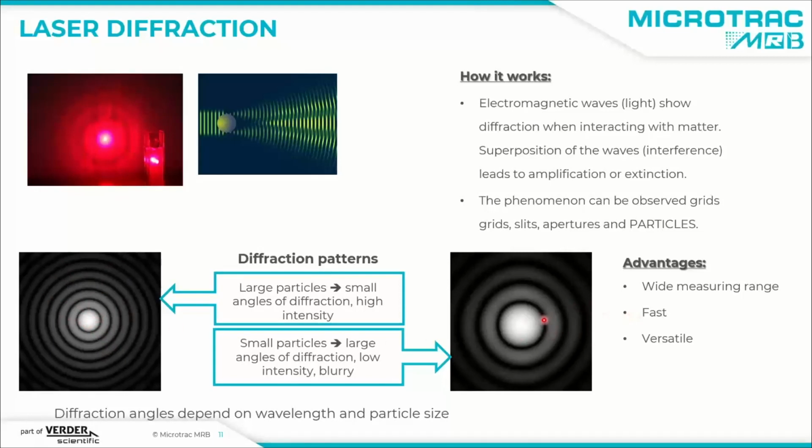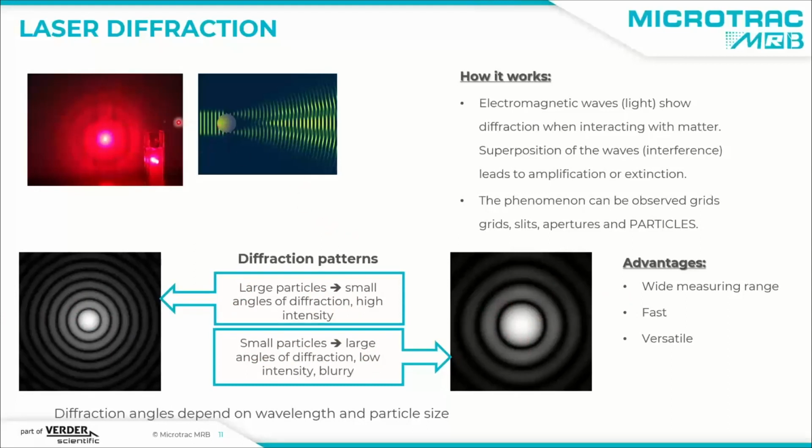And for smaller particles, these rings move to the outside because you have bigger angles of diffraction. So small particles, large diffraction angle; large particles, small diffraction angles, and also higher intensity. And these are more clear and these are more blurry.